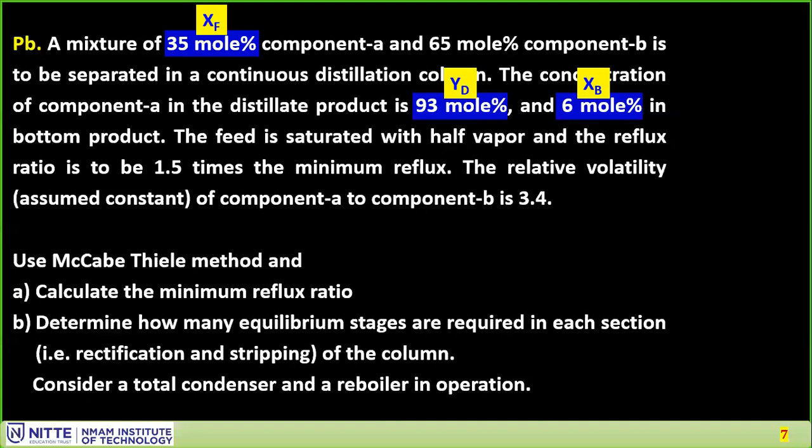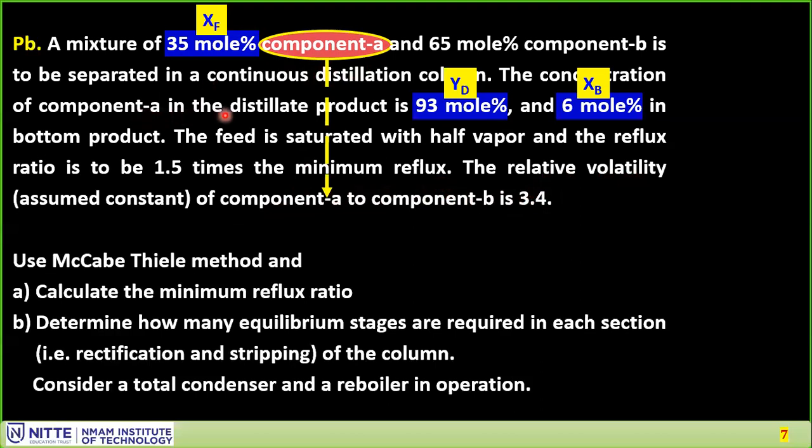There are two components given here, component A and component B. So in this I'll say that component A is more volatile. I am identifying that component A is more volatile. How do I know it? Here there is some information. Relative volatility of component A to B is more than 1. That's 3.4. That means A is more volatile than B. This is clue number 1 for me. Clue number 2.